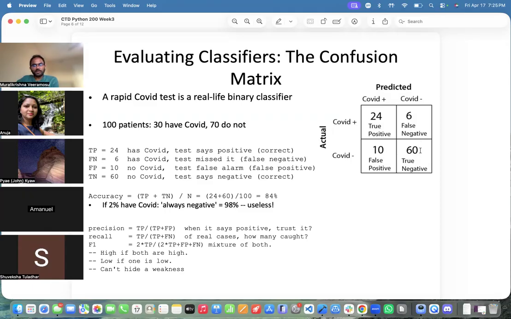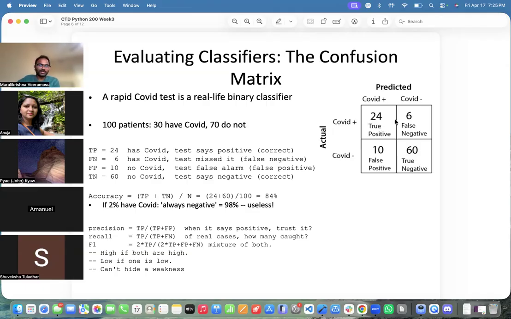For 60 people, model predicted negative, and in reality, they are negative, right? So out of 100, how many mistakes did our model make? It's 6 plus 10, 16. And for 84 people, it predicted properly. Right?